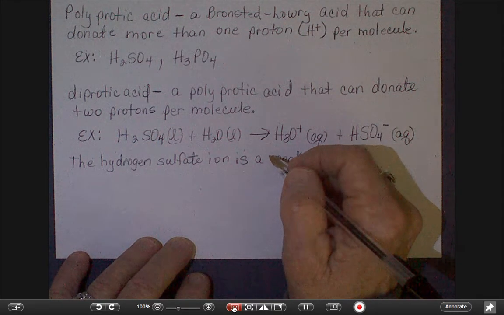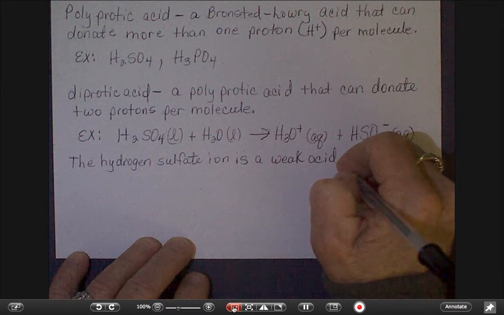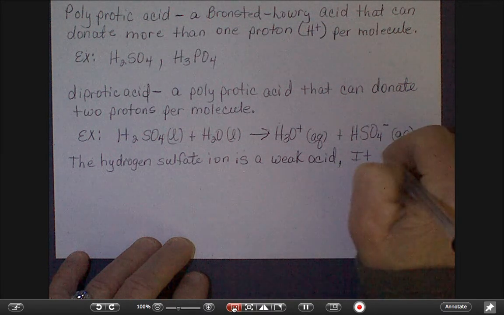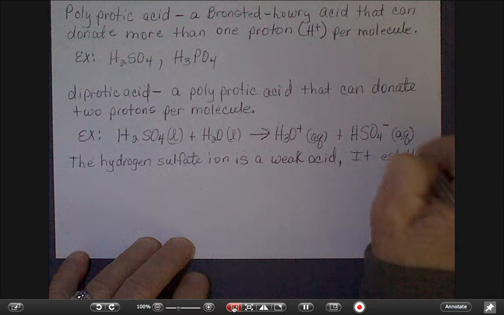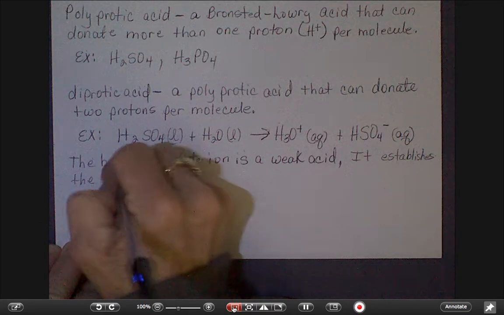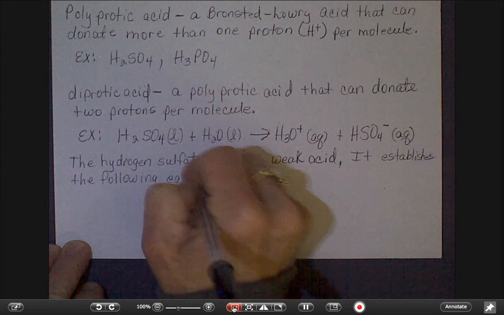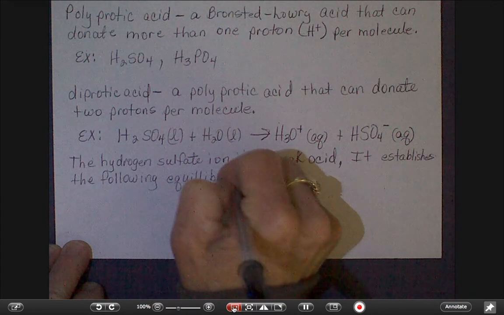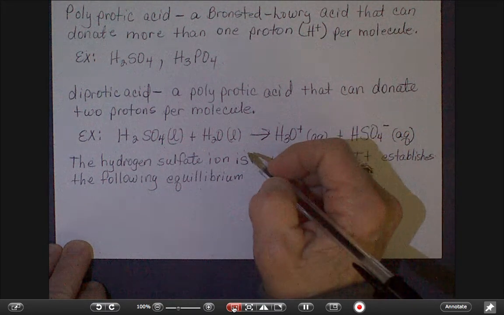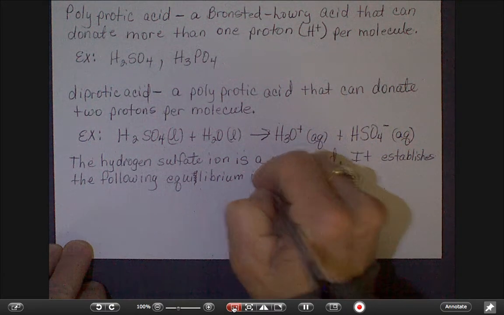Well, definition of weak. It establishes the following equilibrium. Is equilibrium 1L or 2Ls? 1L in solution, got it wrong last time.